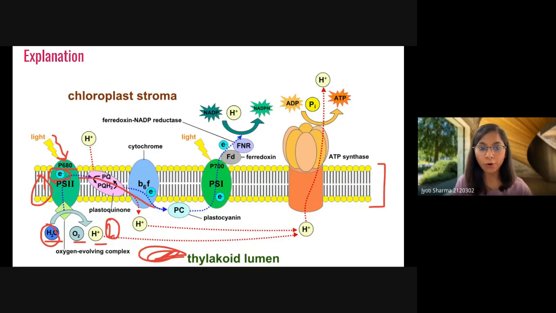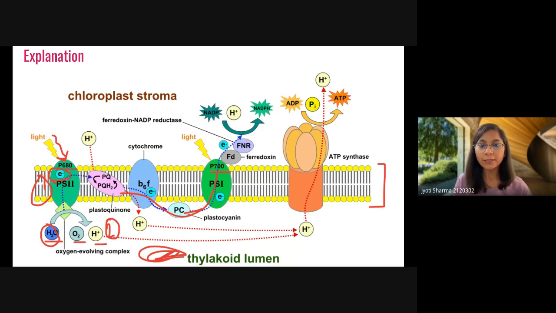This electron will go through different molecules, and again will go to another molecule or pigment. That pigment will take the sunlight of wavelength 700.